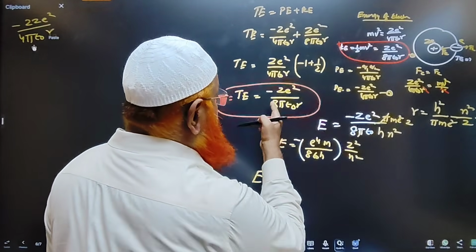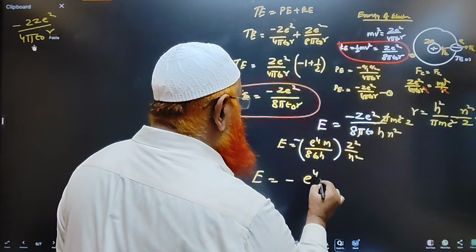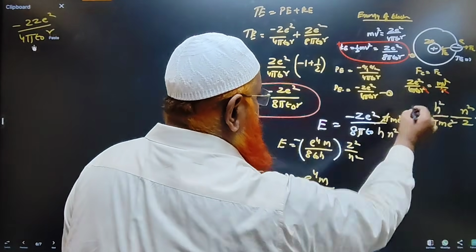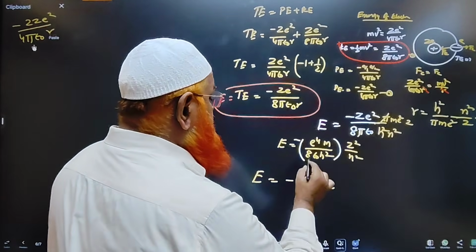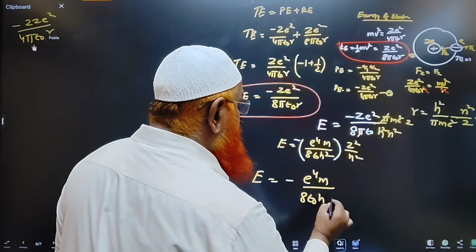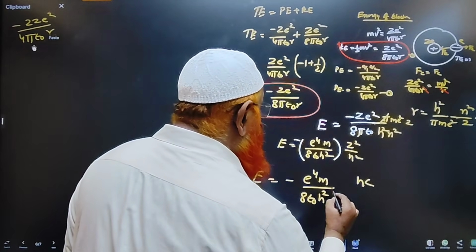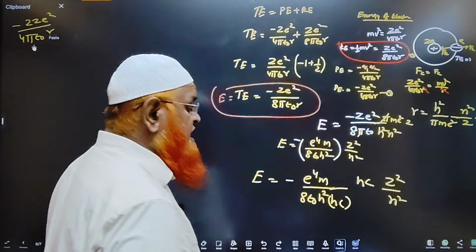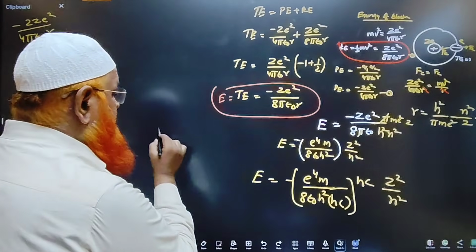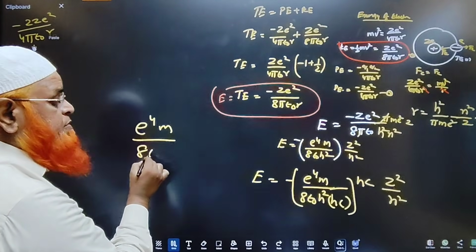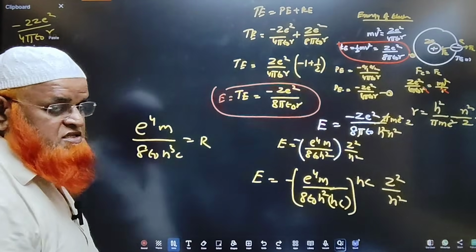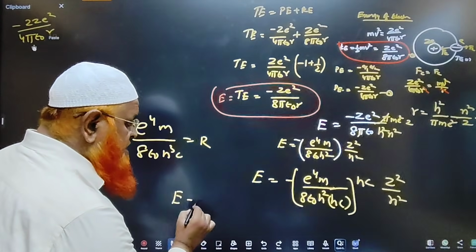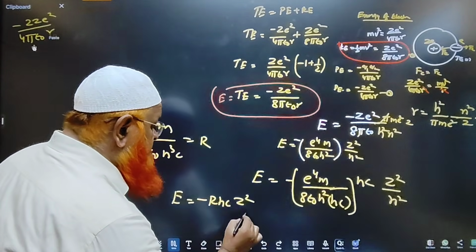Minus was also there, total energy has a minus also: minus e power 4 m, h square should come. So for 8 epsilon naught h square, you multiply by hc and divide by hc, with Z square by n square. Why? Because all of this together, e power 4 m by 8 epsilon naught h cube c, is called the Rydberg constant R.